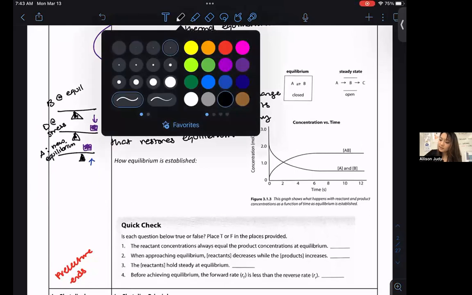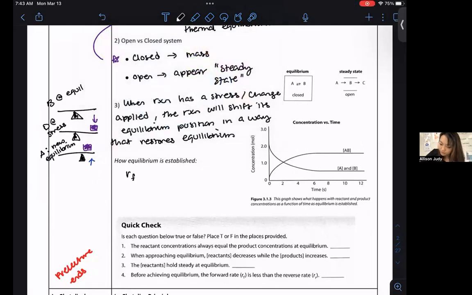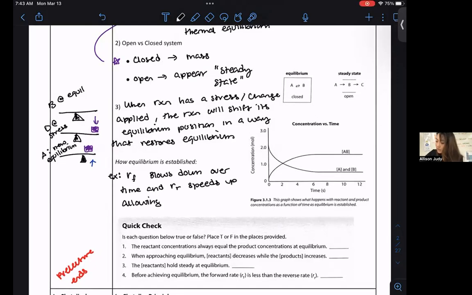Well, the rate of the forward, for example, slows down over time, and the rate of the reverse speeds up, allowing the consumption of excess product, right?